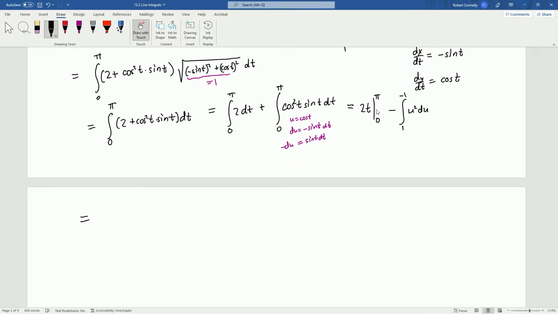Now, this left integral here just is going to be 2 times pi minus 0, so 2 pi. And then here I'm going to switch my bounds and make this positive. So this would be positive the integral from negative 1 to 1, u squared du. That's 2 pi plus u cubed over 3, evaluated from negative 1 to 1.